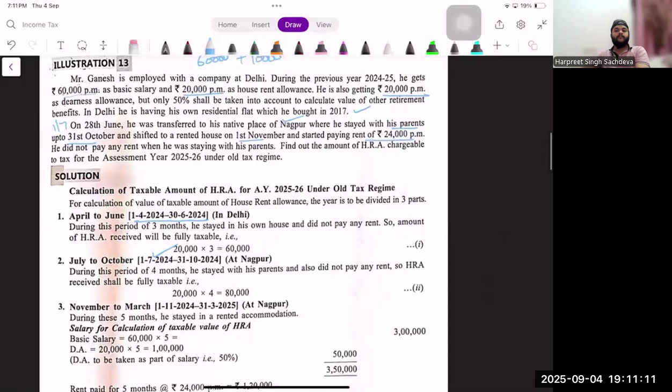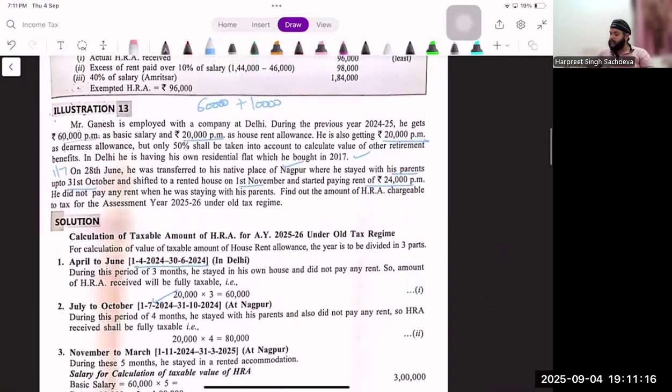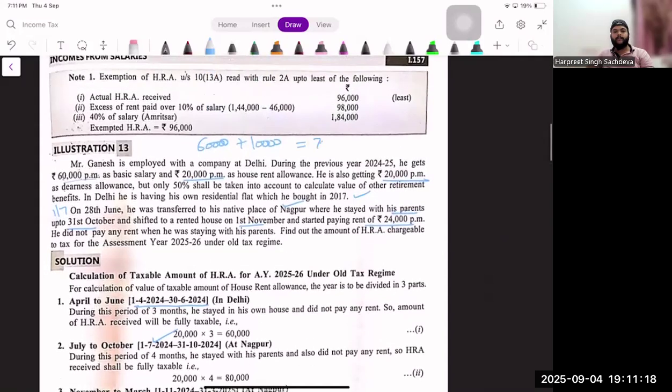No. Means total is 70,000. 70,000 is the monthly salary. For how many months we want? 5. Yes, this is to be thought of very clearly.